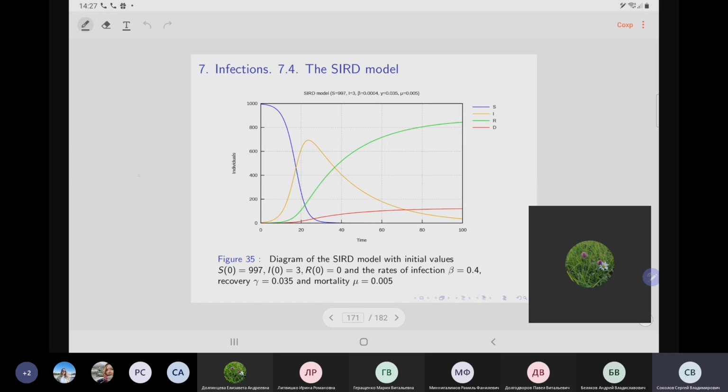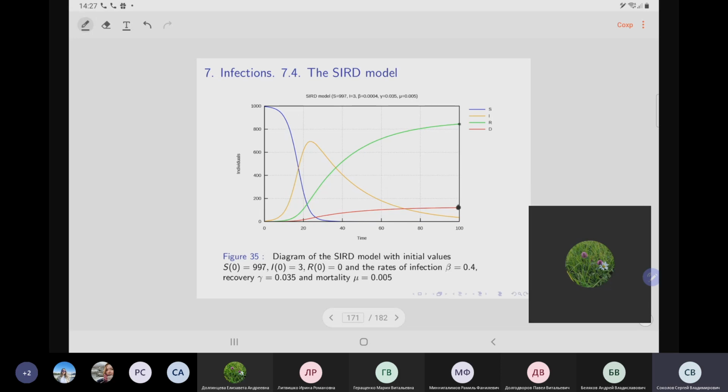We can say that this equation is quite good for COVID. In COVID, we see that there is some small amount of death. For COVID, it is close to, as far as I remember, 3% of infected dies.